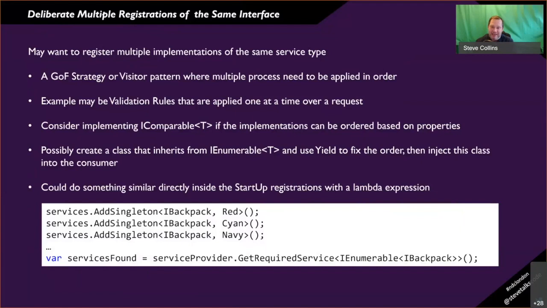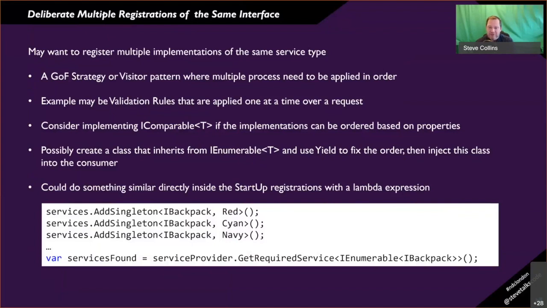There are lots of ways of handling that. One is to create a comparer that implements the IComparable interface for your service type. That can then be used with an OrderBy in LINQ that receives the enumerable, so you could do that inside your controller. You could create a dedicated class that implements IEnumerable, and the caller requests an instance of that.